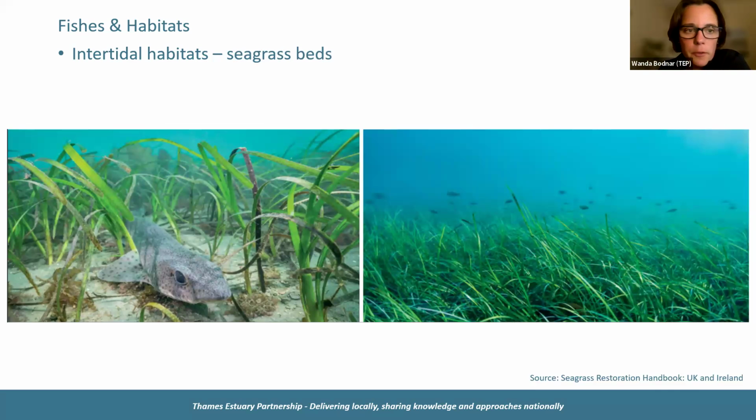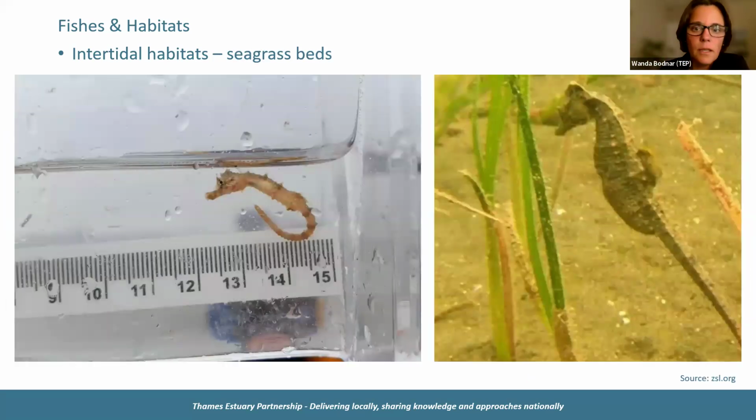Seagrass beds are formed in shallow waters, primarily by a species called eelgrass in the Thames Estuary. And these areas offer a crucial habitat for juvenile fish, including species like sea bass and flatfish. It is with seagrass beds that the short-snouted seahorse is associated. And in recent years, there have been a number of individuals found in central London.